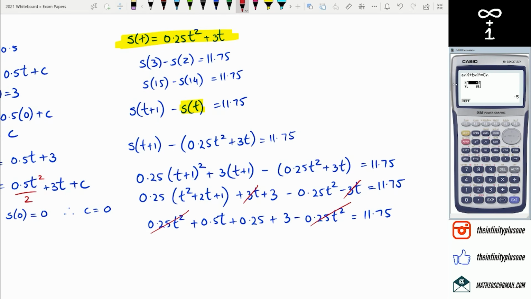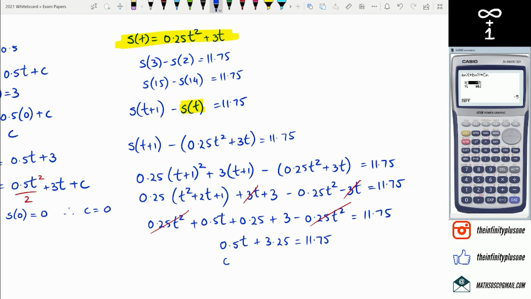And we are simply left with, what are we left with? I hope I've not made a mistake here. No, looking good so far. I've got 0.5t plus 3.25 equals 11.75.